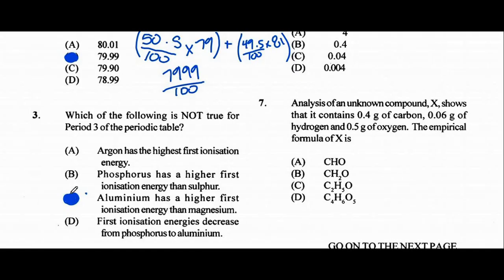We assume that, because we're still in the third shell, the d orbital is a bit further away from the nucleus, therefore the electrons there would be pulled on less by the positively charged nucleus. Therefore, it would be easier to remove the electron from aluminum than the first electron from magnesium. So 3C.